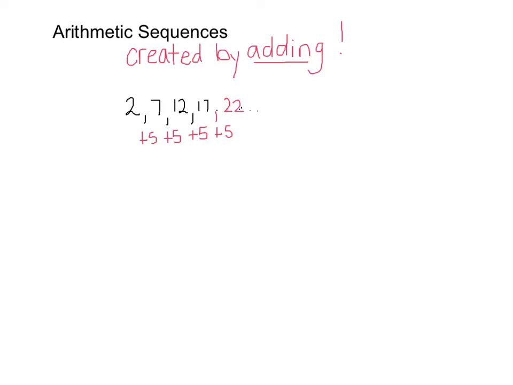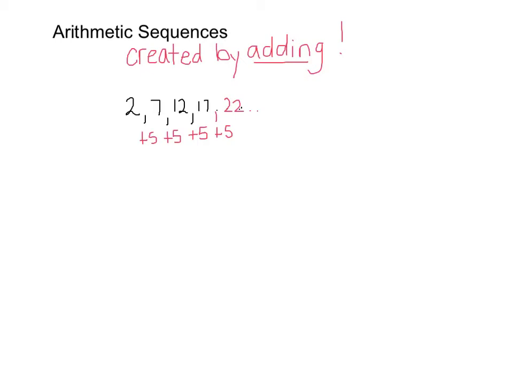Okay, now, but what if it's not so easy as just being able to determine what the next number is? What if you're wanting to pick a number later on in the sequence, maybe 100 times down? You're not going to want to add 5 each time, and so this is where we come up with a formula.